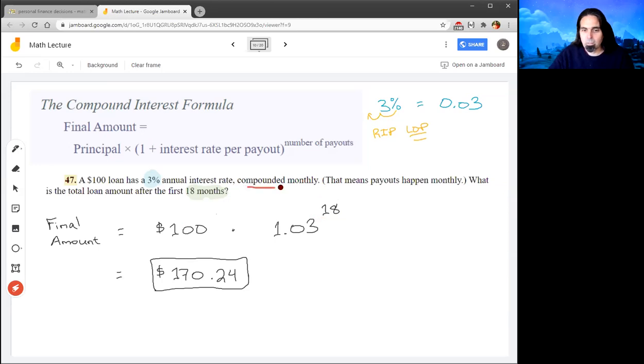I see. If it said compounded yearly, that wouldn't be realistic. Most compound interest is monthly, but it could be compounded yearly. Then we'd have to count years. Okay. If it said compounded weekly, again, that usually doesn't happen, but in theory it could. Then we'd have to count weeks here.